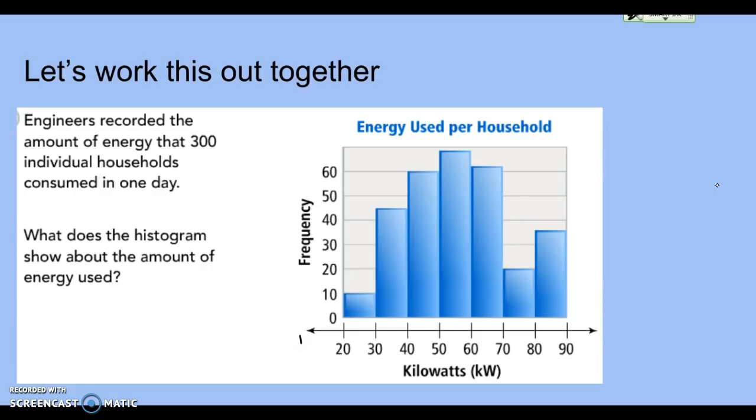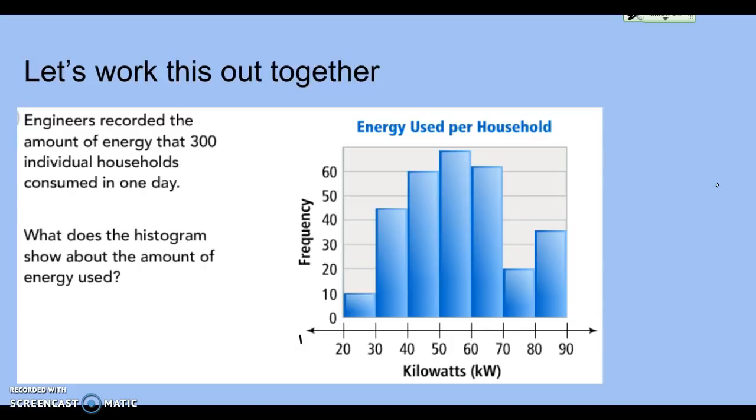All right, so then you need to look and see here that from 20 to 29 kilowatts was used by 10 homes, that about 43 homes used between 31 and 39 kilowatts, and so on.